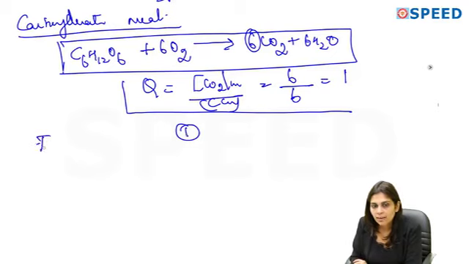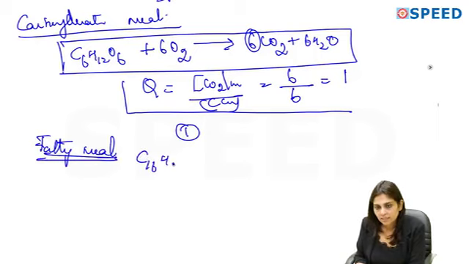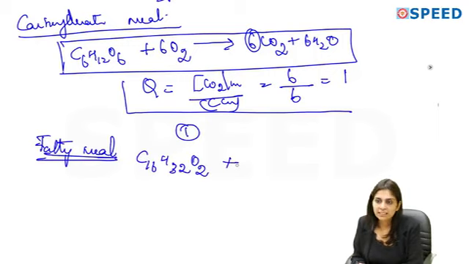Now what happens in a fatty meal full of fatty acids? Palmitic acid is the most common fatty acid, and the molecular formula for palmitic acid is C16H32O2.